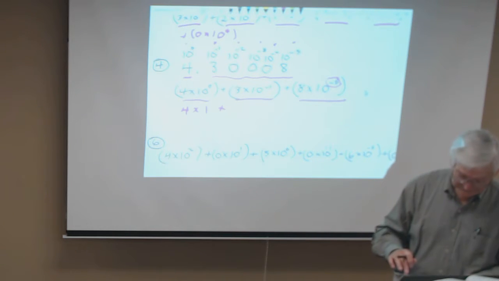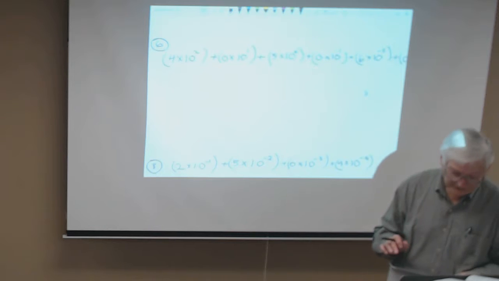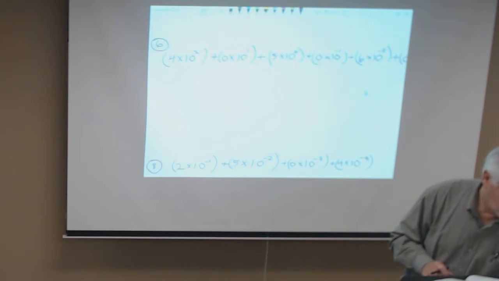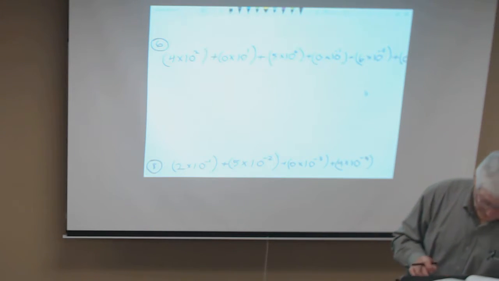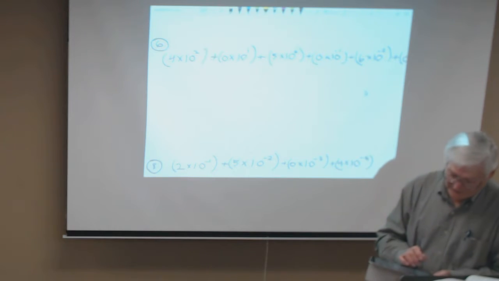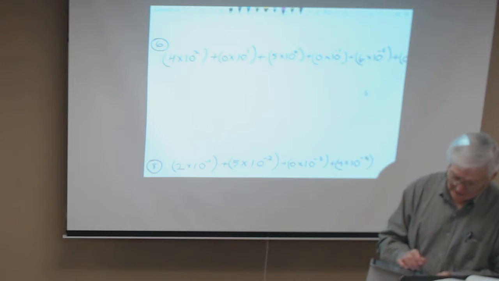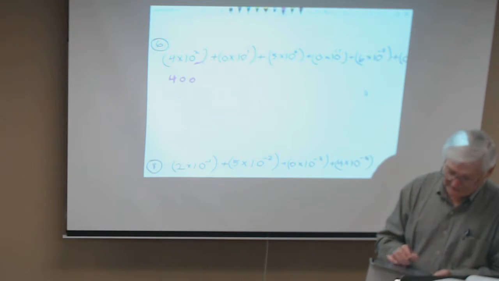What about number 6? Number 6 says, write each number in standard decimal notation. Okay, 10 to the second power, what would that be? That would be 400, wouldn't it? Plus 0 times 10 to the first, that would be 0.